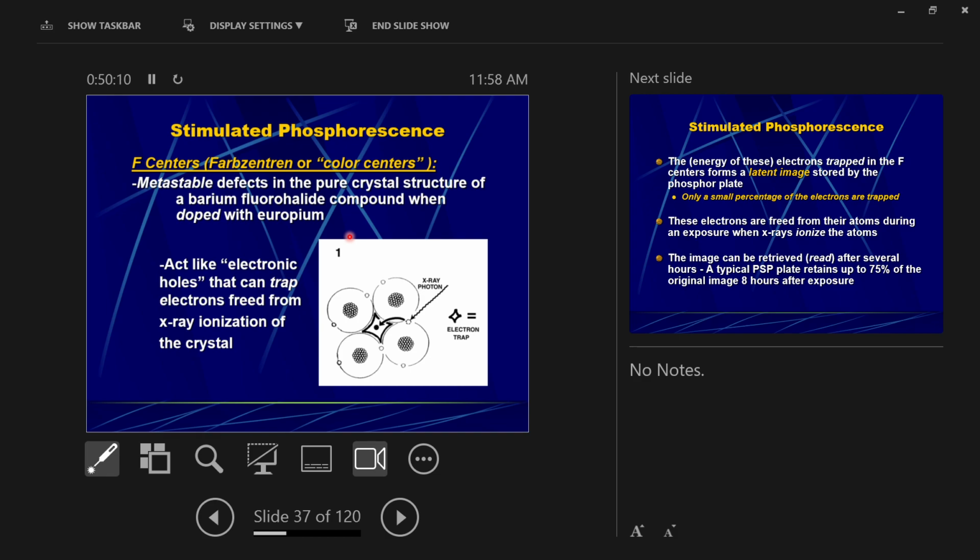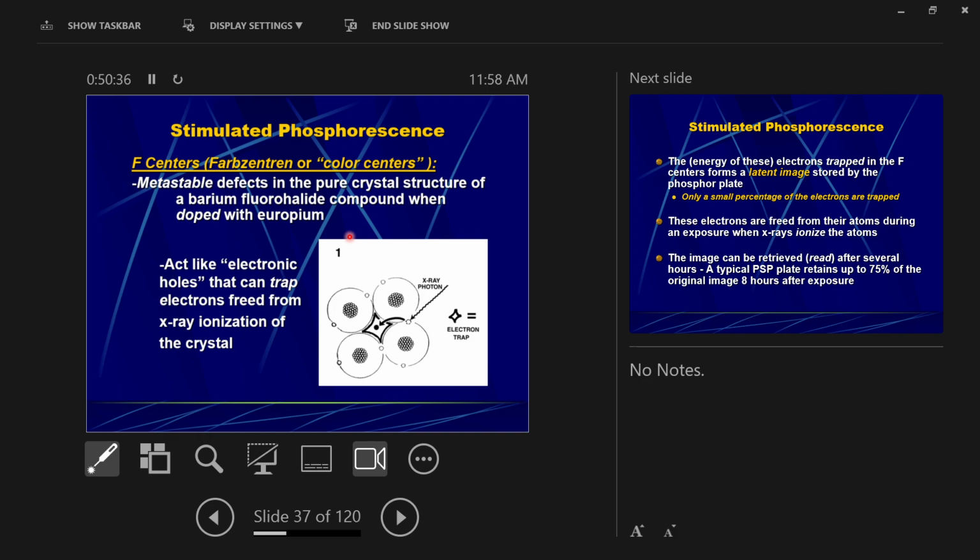Now, what's gonna happen if you just leave me here? I'm eventually gonna get tired, right? And slowly, no matter how hard I try, no matter how strong I am, eventually I'm gonna run out of energy and the book gets back to the tabletop, okay? Eventually, if you never process this plate, that electron is going to find its way back into the atom.